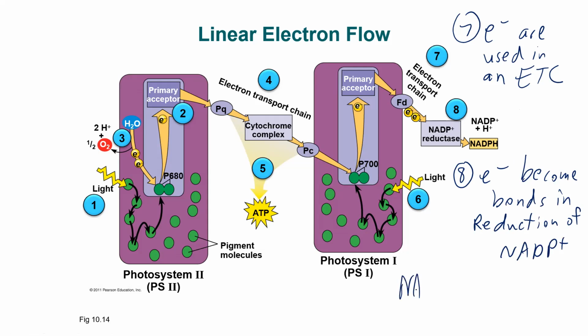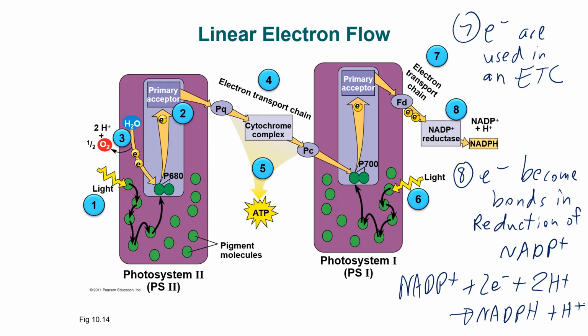Okay, so here's the chemical reaction, right? We have NADP plus. We have 2 electrons because those are, of course, going to become a bond. To get the balanced equation, we actually get 2 protons. And then the products, we get NADPH. And one of the protons, as part of this, actually gets pumped across the membrane into the thylakoid space.